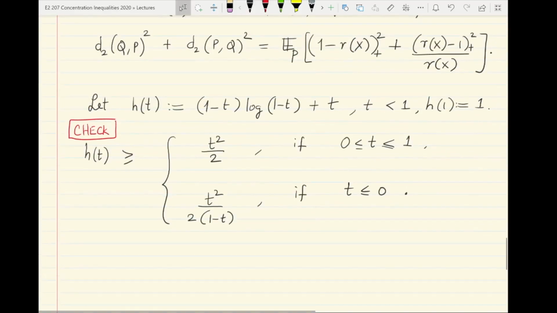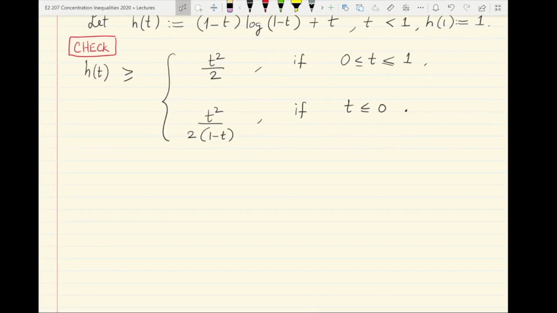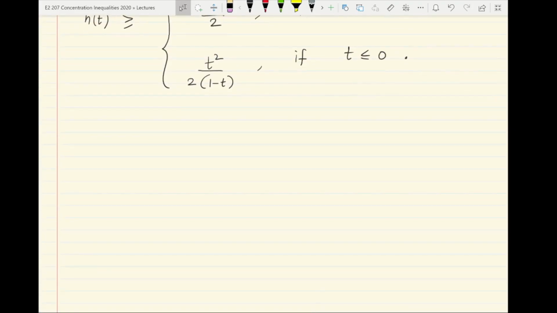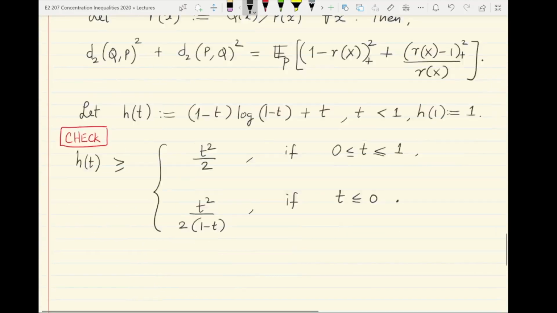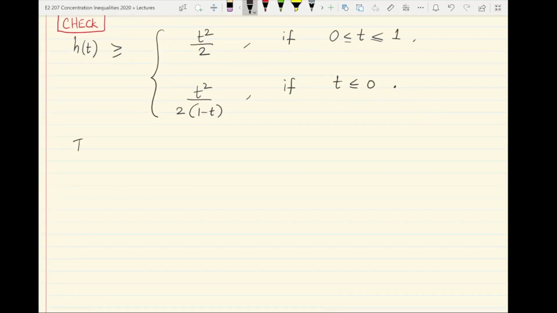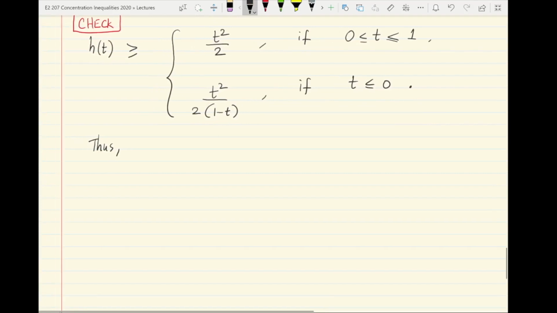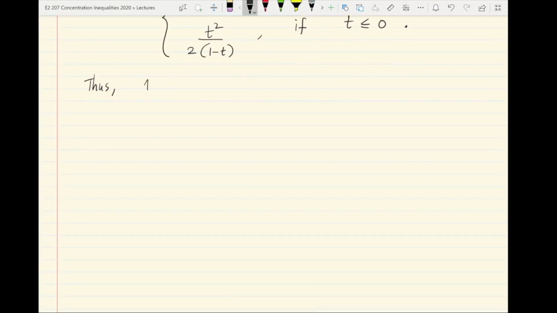By the way, h is also the same function that was used in the manipulations to derive the Bennett and Bernstein inequalities. So moving on, with these lower bounds for h, we can use them to bound each of these terms in the right hand side of the d2(q,p)^2 plus d2(p,q)^2 expression. Thus, for any x, (1 minus r(x))_+^2 is at most 2 times h of (1 minus r(x))_+.